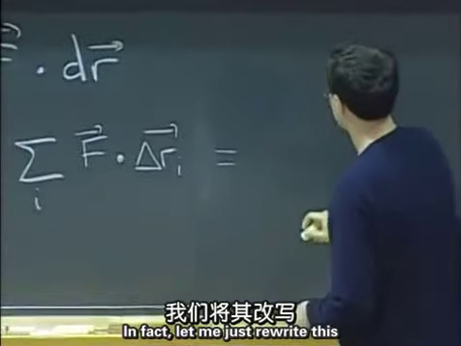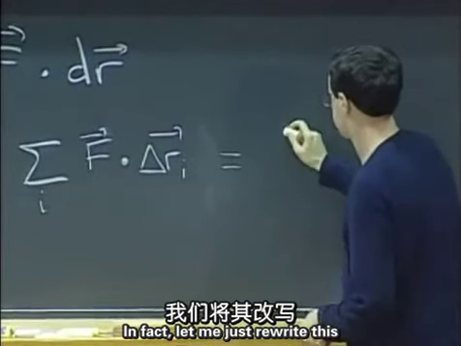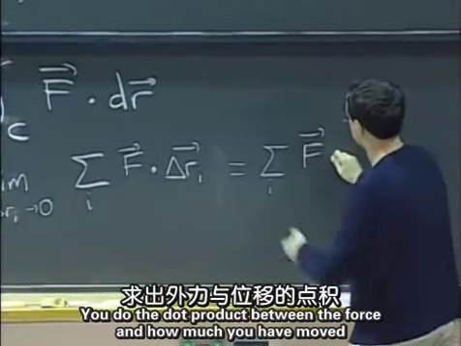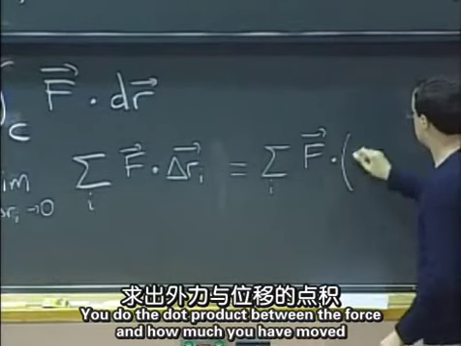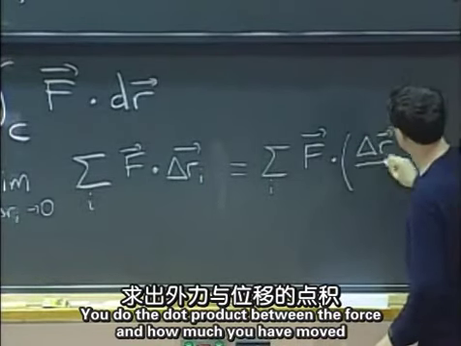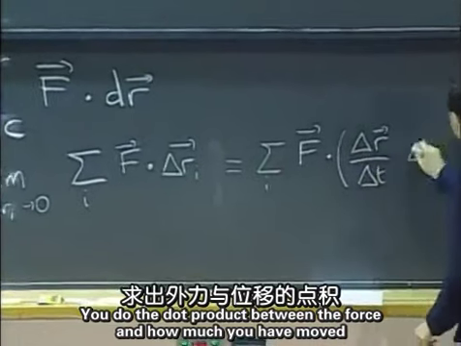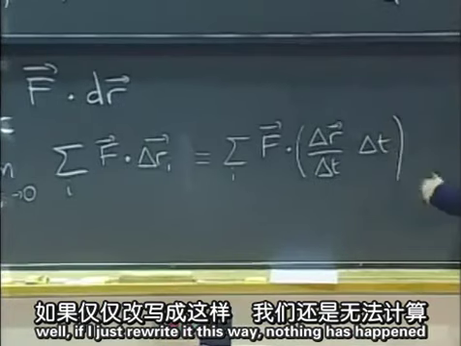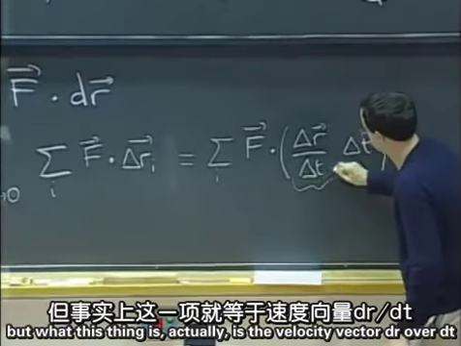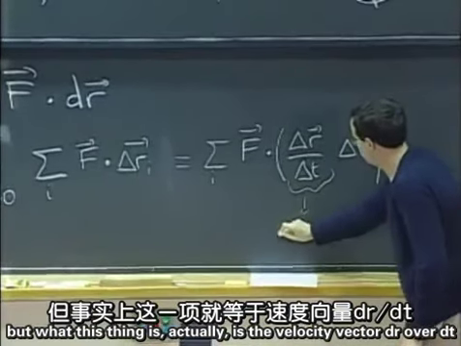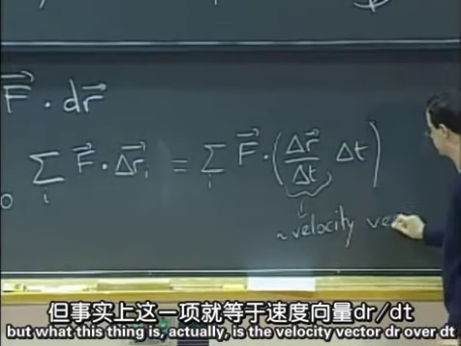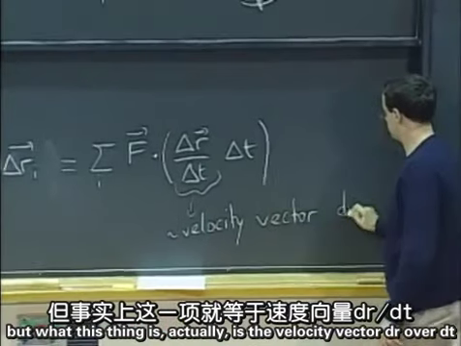So, in fact, let me just rewrite this as, you do the dot product between the force and how much you have moved. Well, if I just rewrite it this way, nothing happened, but what this thing is actually is the velocity vector, dr dt.